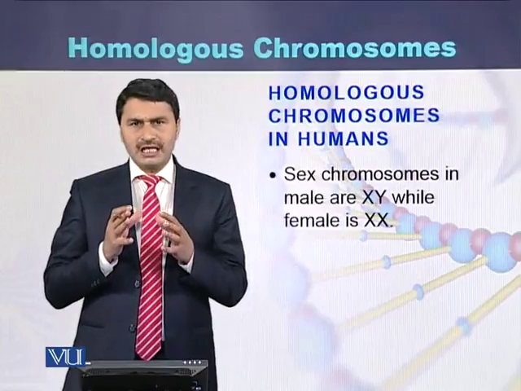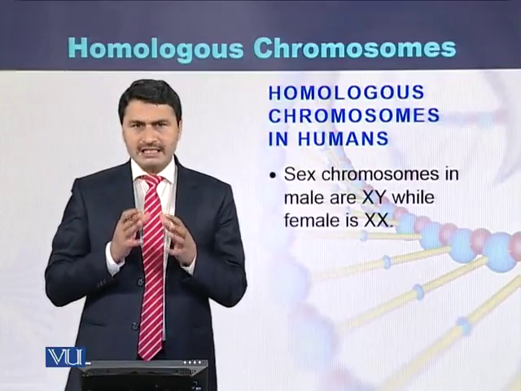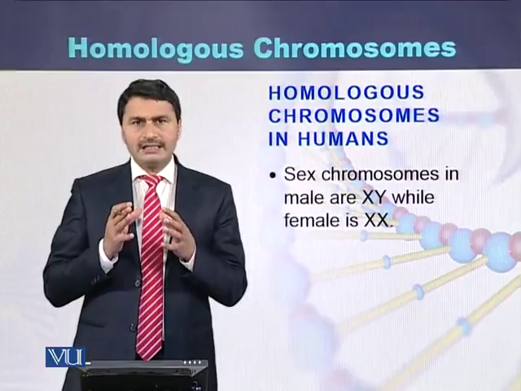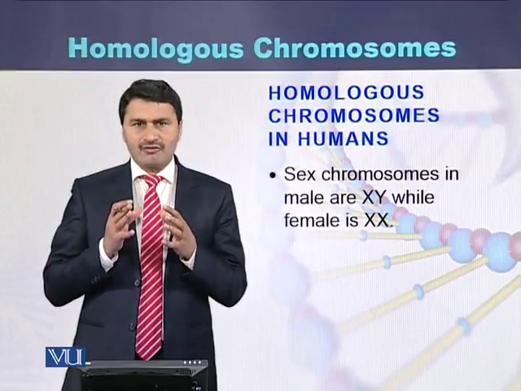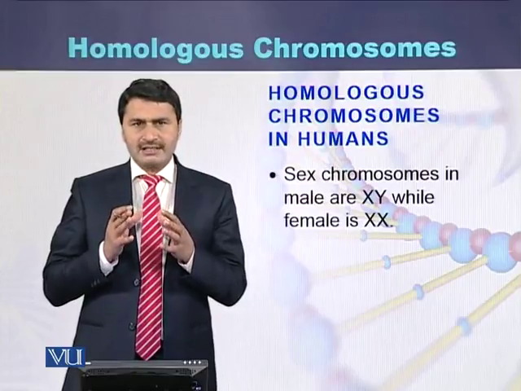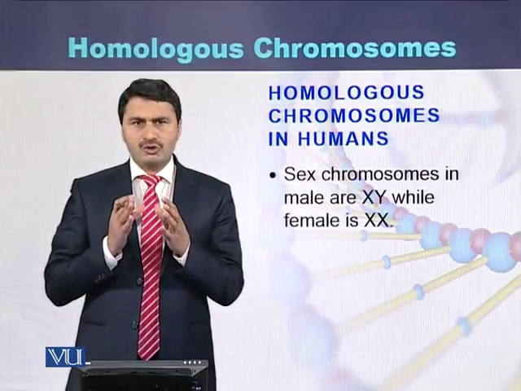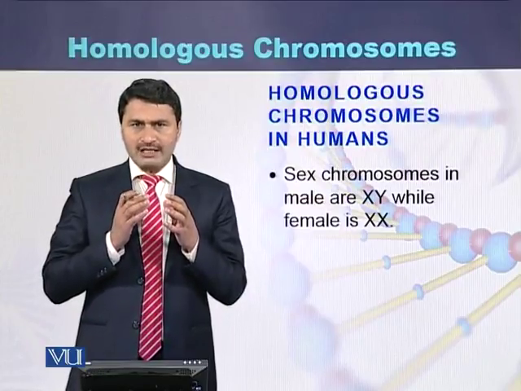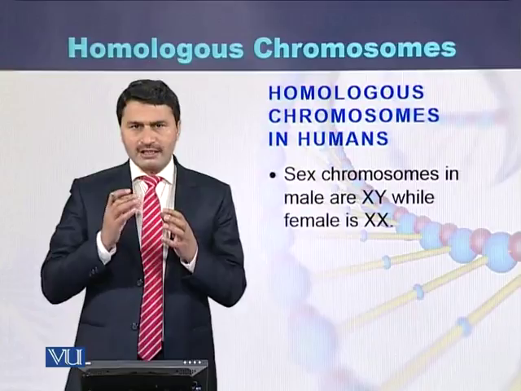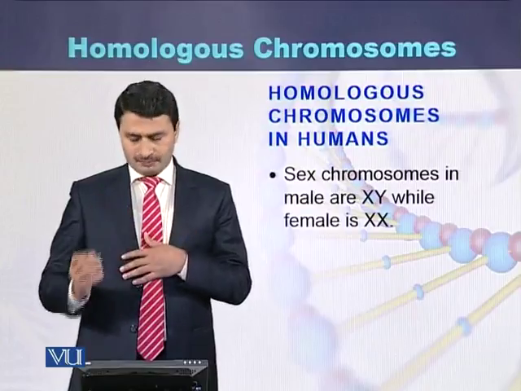Sex chromosomes in case of females are XX, while in case of males they are X and Y. In case of females, the XX are also homologous to each other, while in case of males, there is one X and the other one is a Y chromosome.